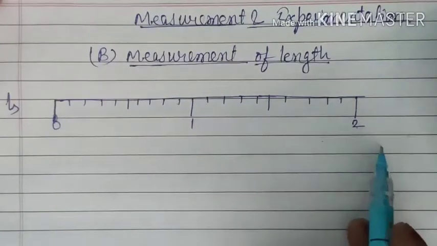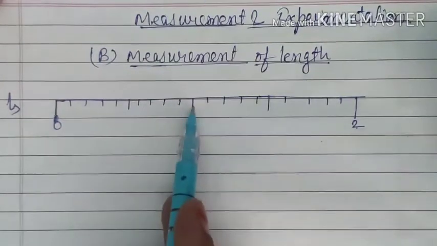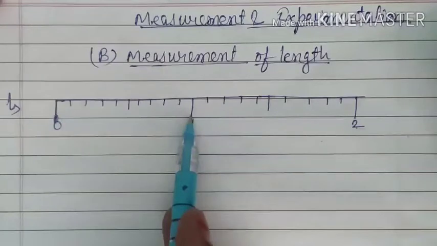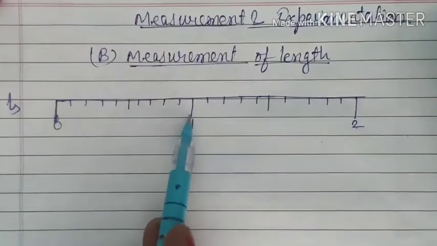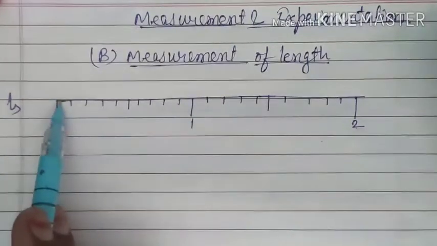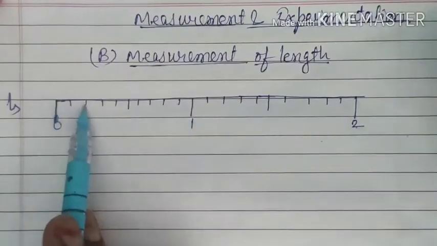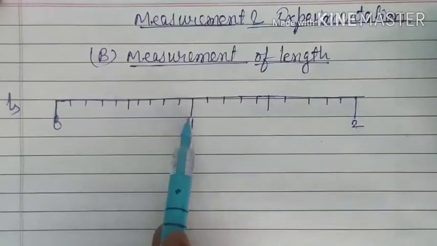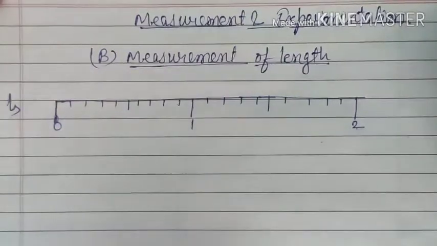But along with that, we have some smaller divisions also here. This is 1 centimeter, that we know, but how much is this? This is 1 millimeter. That means smaller than centimeter, because in 1 centimeter we have 10 divisions here. That means 1 centimeter is equal to 10 millimeter. Normally also we know that 1 centimeter is equal to 10 millimeter.